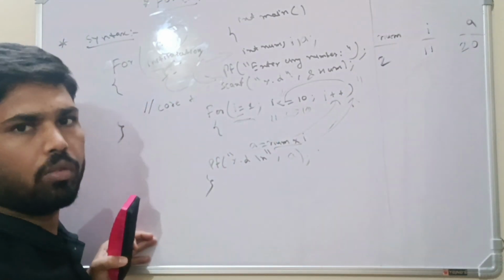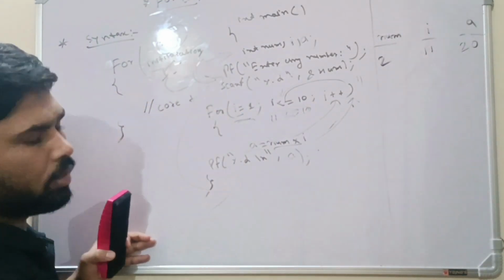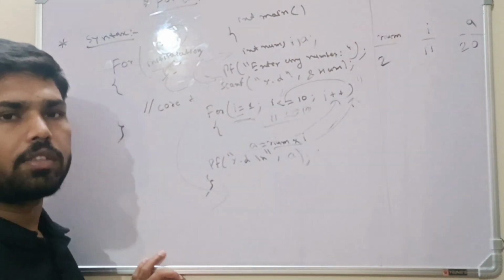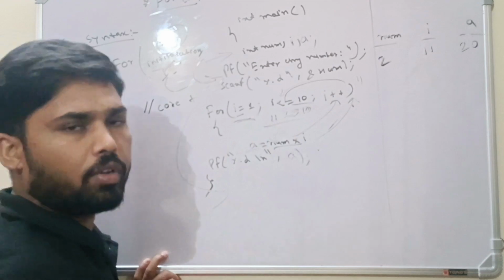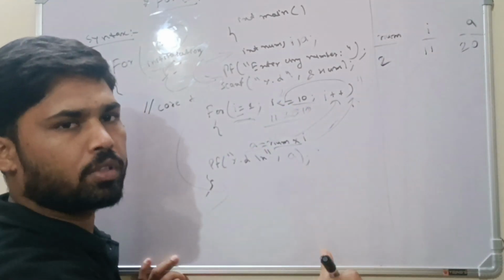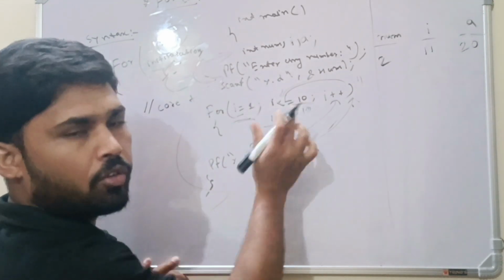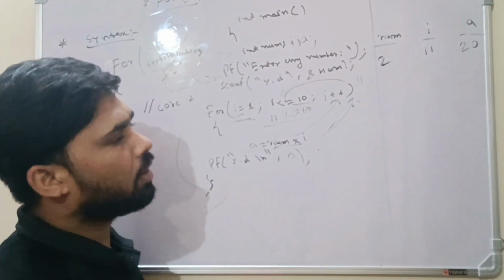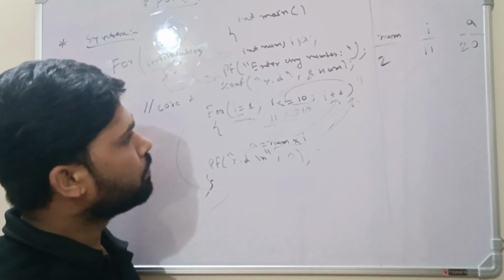No, false. Then it will come out of the loop, because the condition is false. We have given the condition only up to 10. If we had given 11, it would have printed up to 11 times, but we have given up to 10, so I have to do 10 iterations. That's what the for loop is.